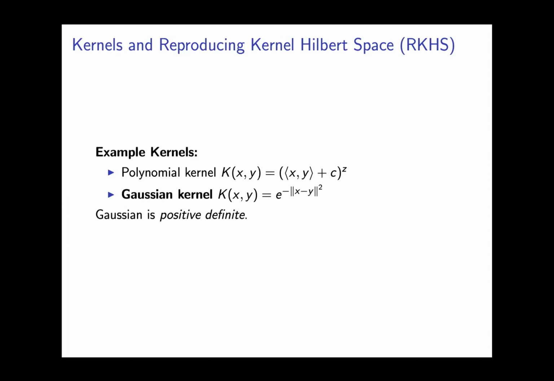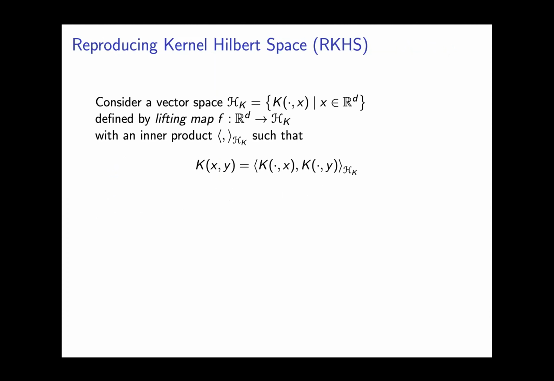The Gaussian kernel is positive definite, and what we'll use from that is that this implies we can represent it in a vector space, a function space, where you map every data point with the kernel operator to a function. Think of this as a lifting map into this space.